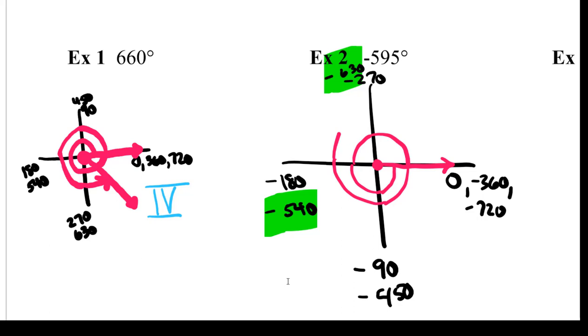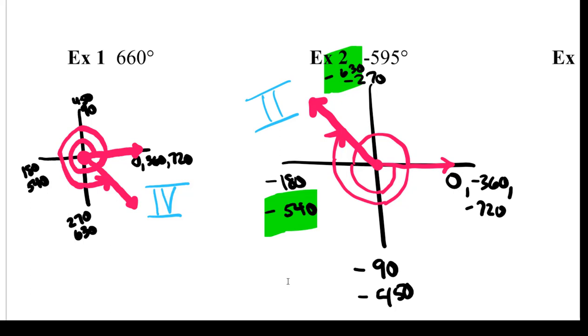So that's where we would terminate our angle, which means our terminal side would be somewhere right there. Where the angle stops, make sure you have all 3 arrows on there. Cool, and we know that that is up in quadrant number 2. So in quadrant number 2 is where the angle negative 595 degrees lives.